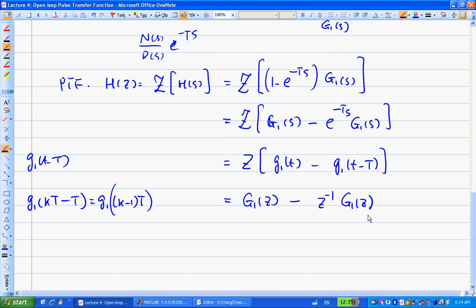Now you can rewrite this slightly. This is (1 minus Z to the -1) times G1 of Z. So what is G1 of Z?